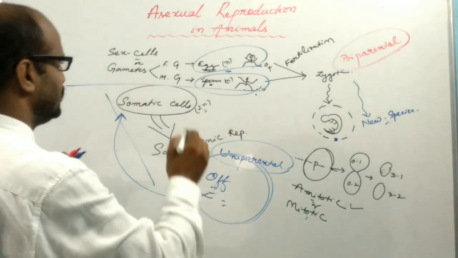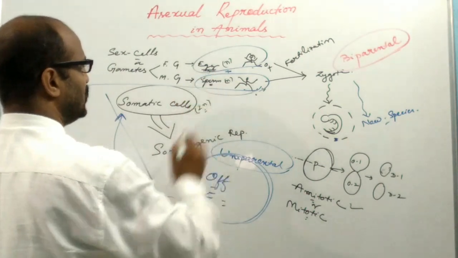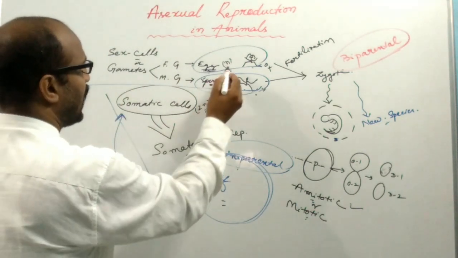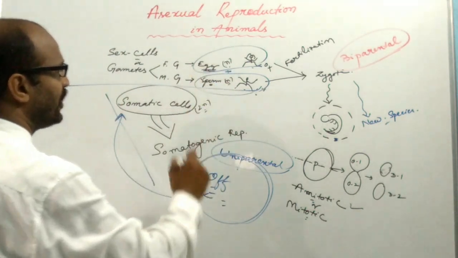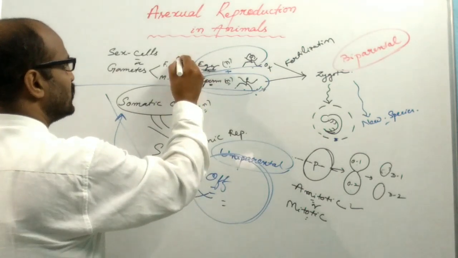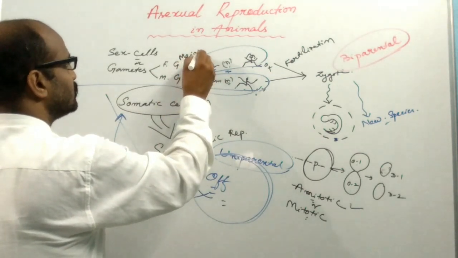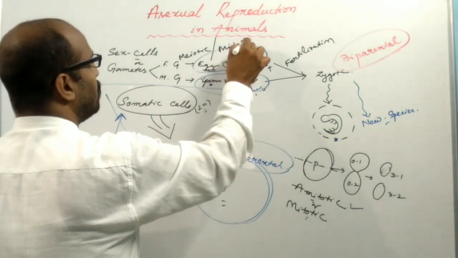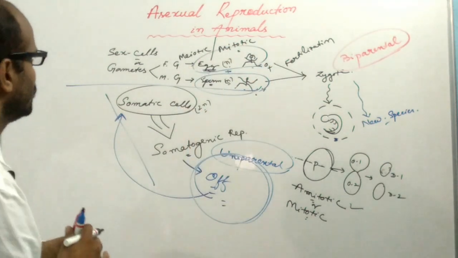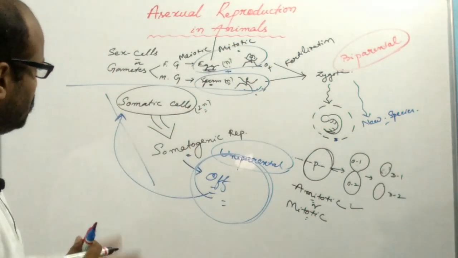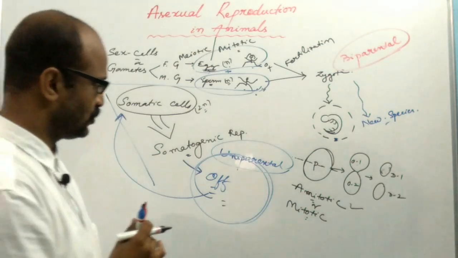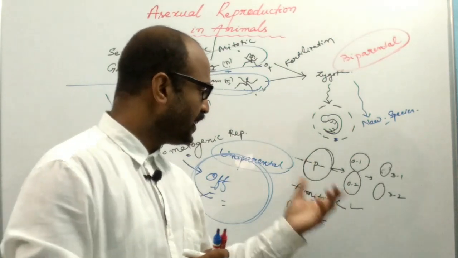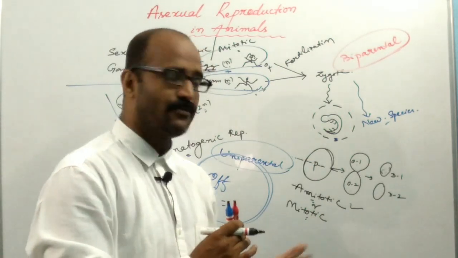So here there is another type of cell division, known as reductional cell division, which produces haploid gametes from the diploid cell, and such cell division is known as meiotic cell division. So both meiotic and mitotic cell division are found in sexual reproduction, but in asexual reproduction, only mitotic or very simple amitotic cell division is found.